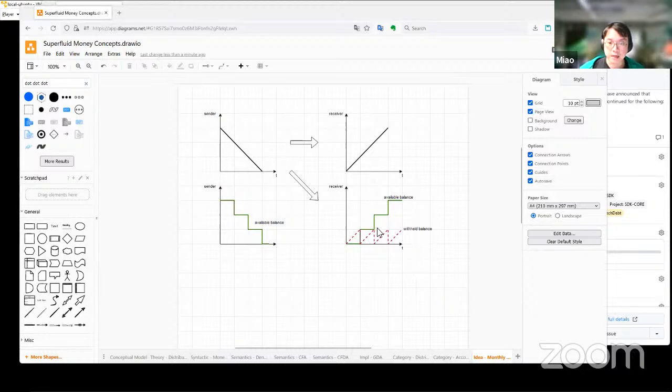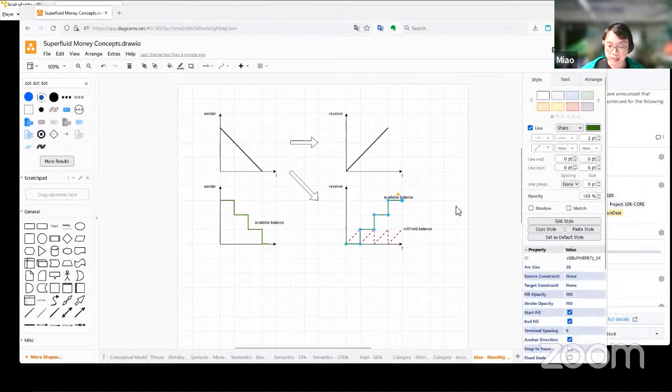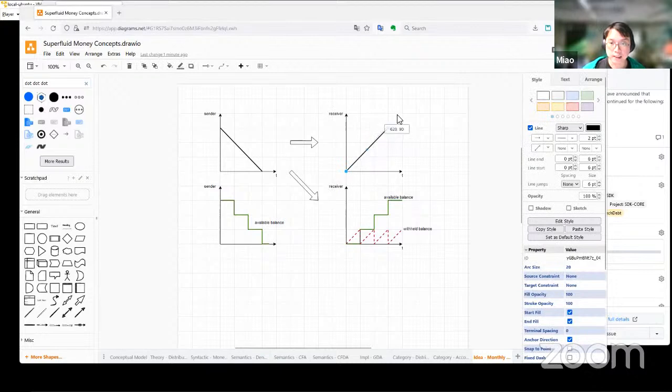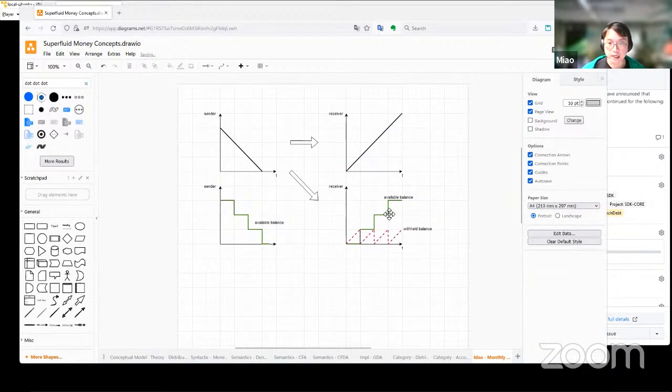It'll be zigzagging up and down, so that the green one, which is the available balance available to the receiver to be used, is zigzagging up with a timetabled cadence. The receiver will be scalable per timetable, just like IDA is scalable per index. So the scalability will be the same, while the sender side will be no different. So that's using a timetable as a general construction to split the straight line into two separate lines. The green line will be available, and the red line would be the withheld balance.